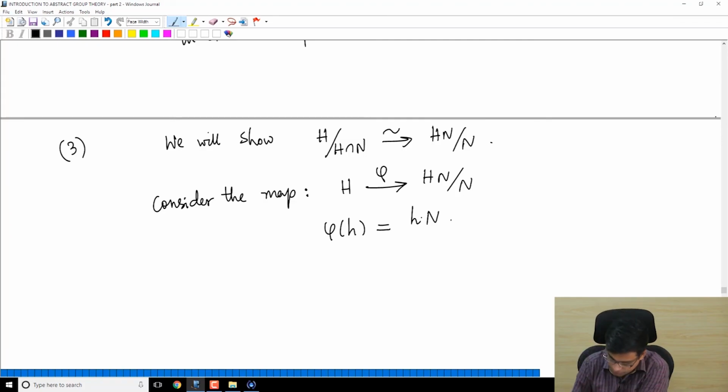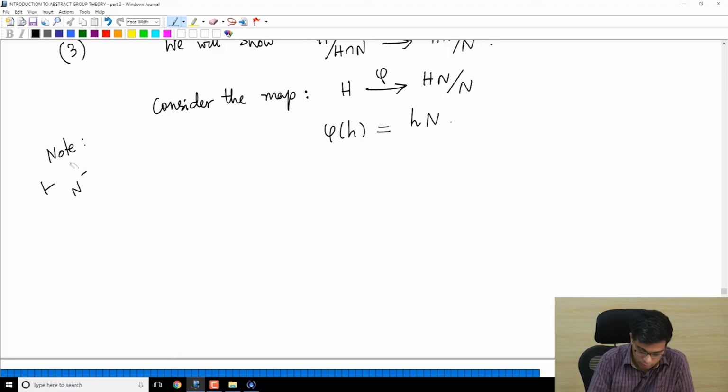Note what is HN mod N? These are all cosets. So note HN mod N are the left cosets of N in capital HN.